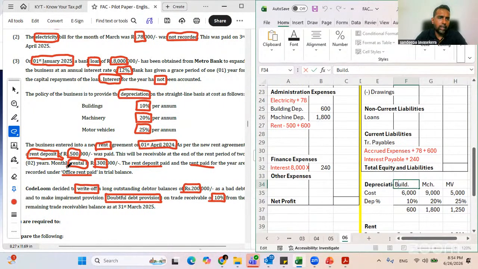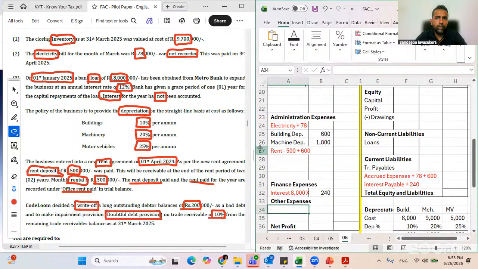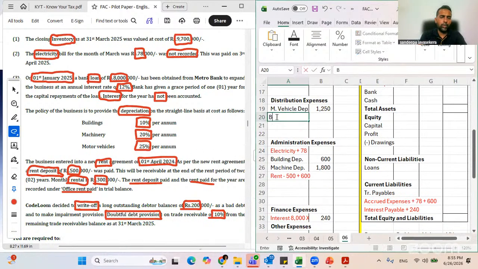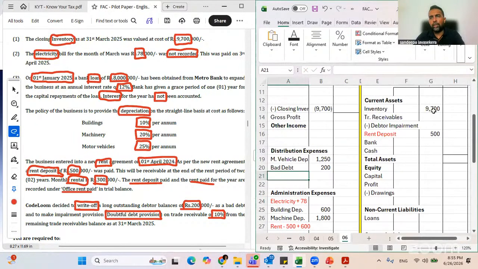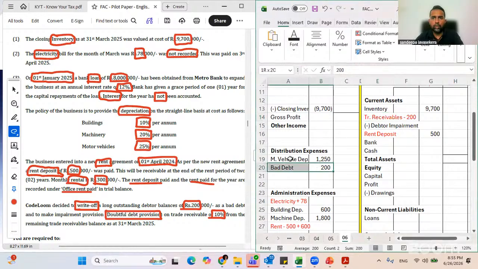Right. Next item, bad debt 200. So shall we write off the bad debt 200 under the distribution expenses, bad debt 200. So from the debtors, I have to deduct 200. I have recognized the bad debt expense 200.